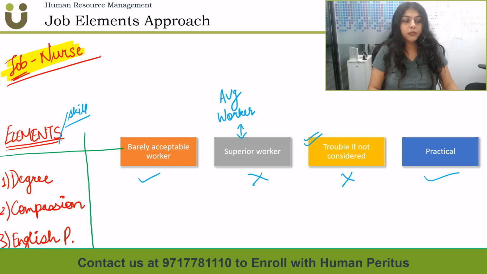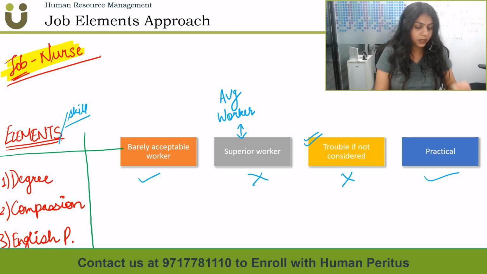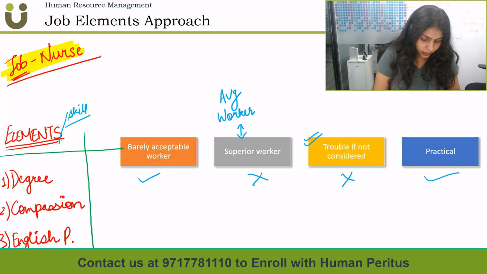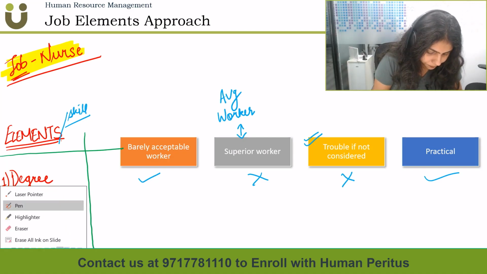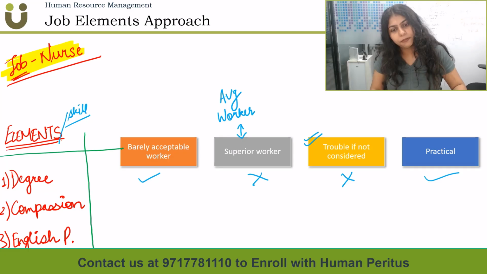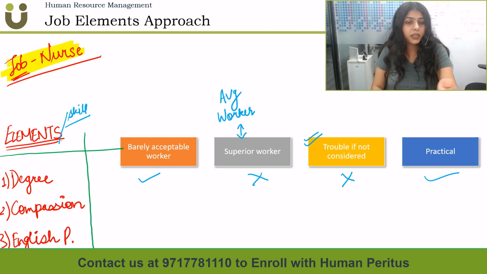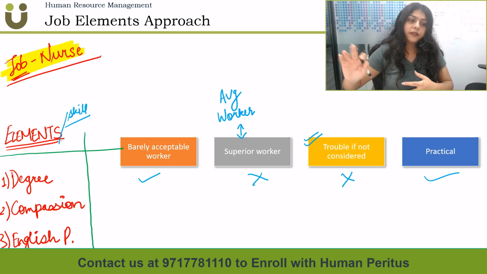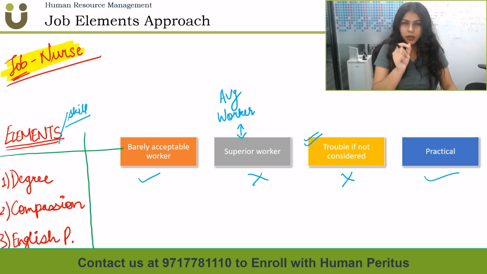Now let's come to the second element from my example, which is compassion. Someone who's barely acceptable, would they have compassion? They would and they wouldn't. It does not really create a difference. That is not the basic skill that you're looking for.